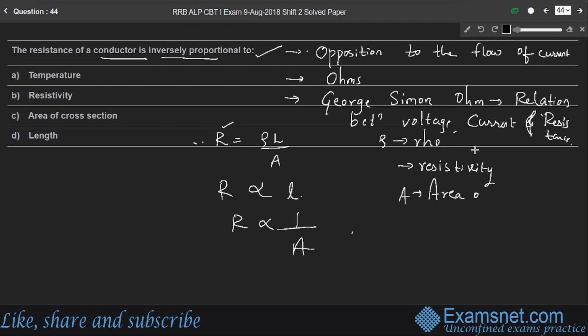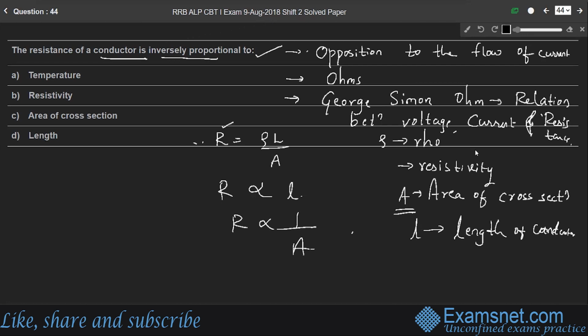The more the area of the conductor, the less will be the resistance. And it is directly proportional to length, so if the length of the conductor is more, the resistance of the conductor is also more.